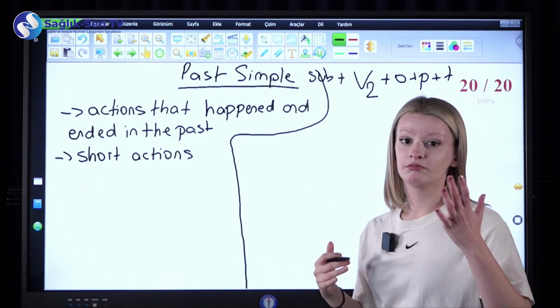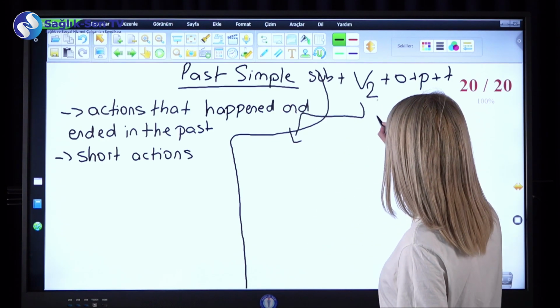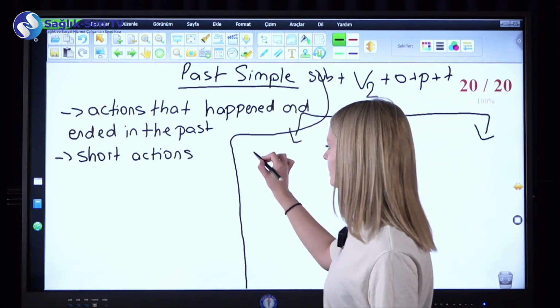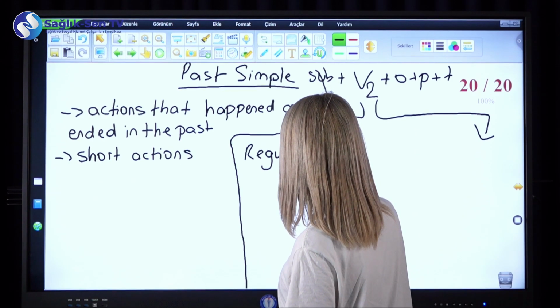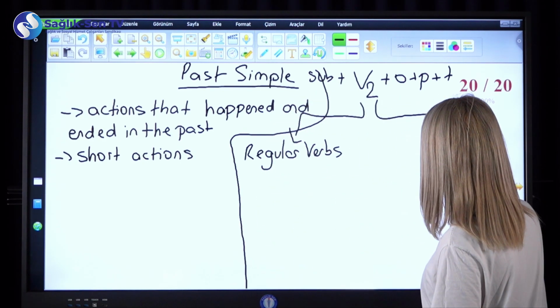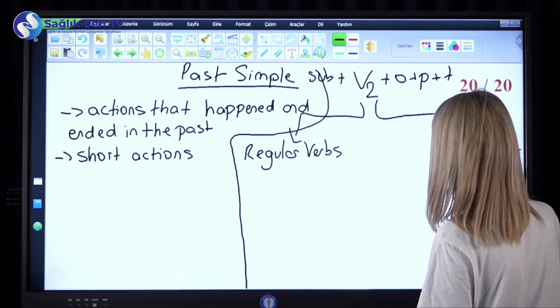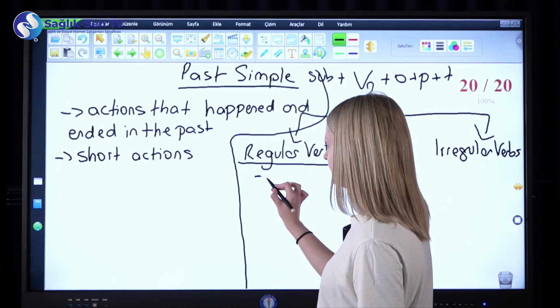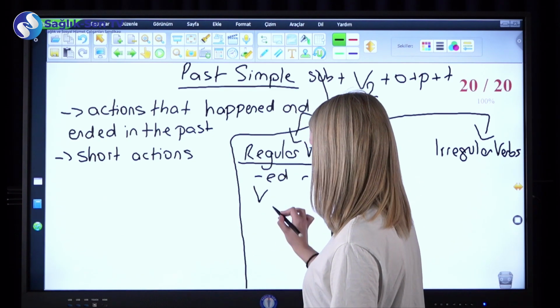How do we do verb 2 form? We have two categories. We divide into two. First one is the regular verbs, and the second one is irregular verbs. Regular verbs, we only add ed or d at the end of our verb.